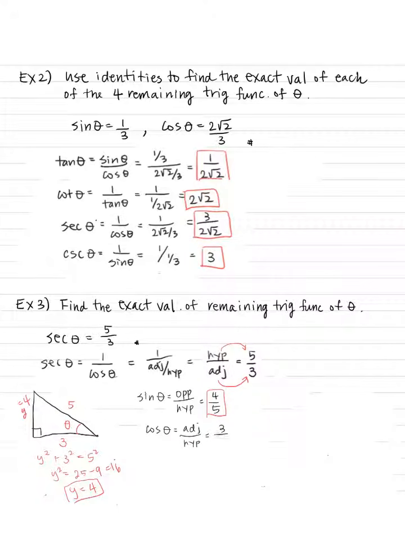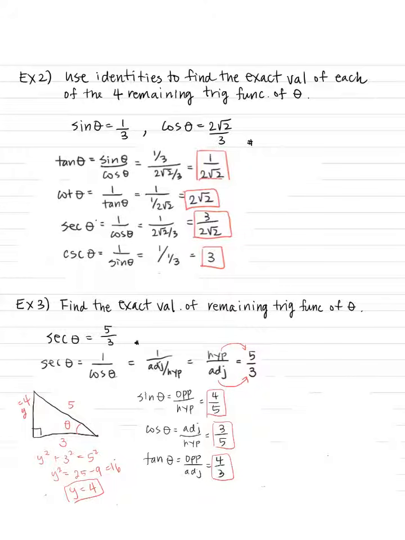Adjacent side is 3. Hypotenuse is 5. So the answer is 3/5. And let's go with tangent. All right, so tangent of theta is SOHCAHTOA, right? So it's opposite over adjacent, which is 4/3.